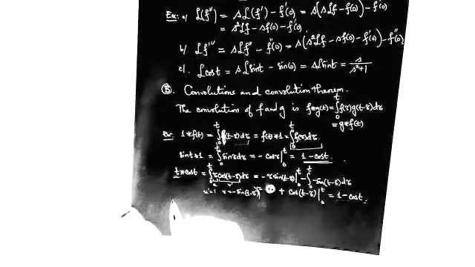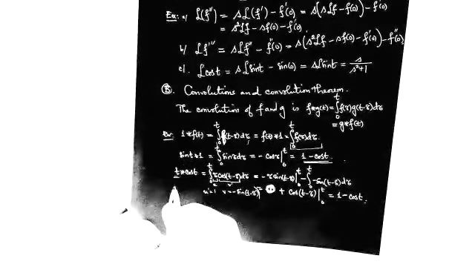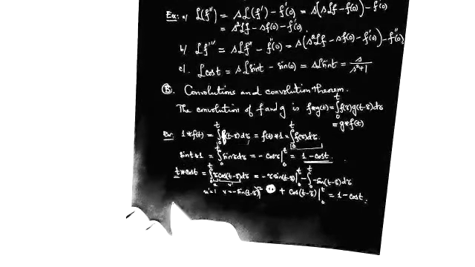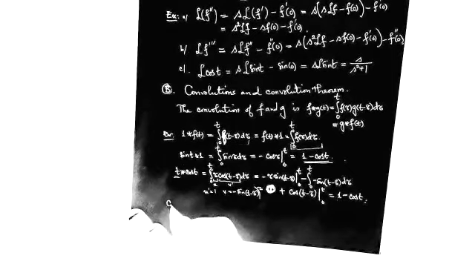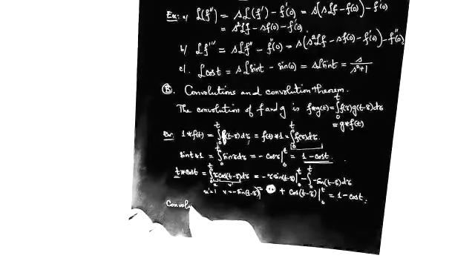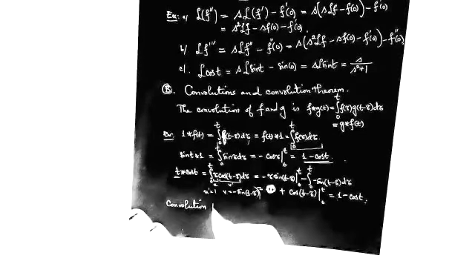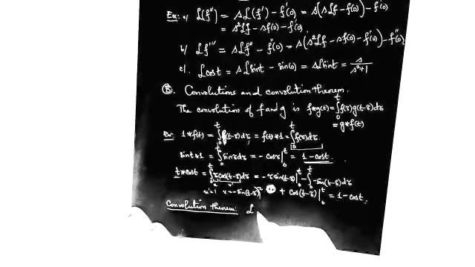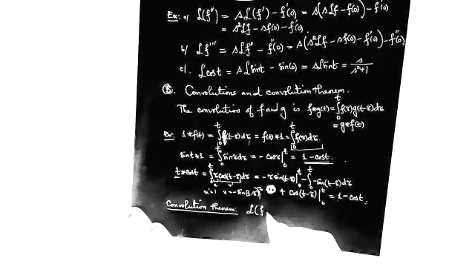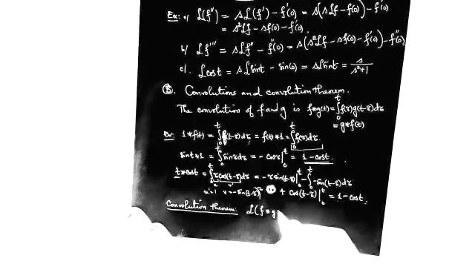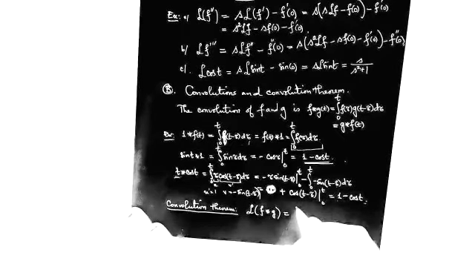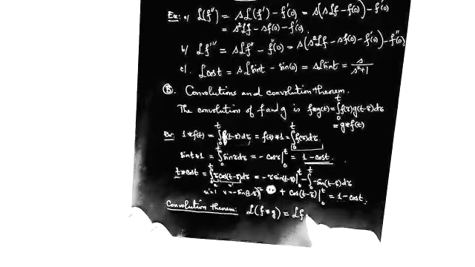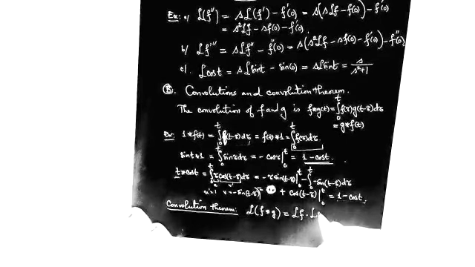Right, now this one is what we call the convolution theorem, which states that the Laplace transform of f star g is equal to the Laplace transform of f multiplied by the Laplace transform of g.